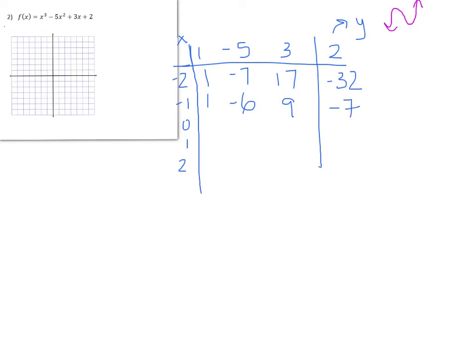This one is certainly on the graph, so we can plot the point -1, -7. Okay, next one, 0. When we have 0, we just end up getting whatever our last value was, which was 2 in this case, because when we plug 0 in for the x's, those are just all 0. So we can plot that point 0, 2.